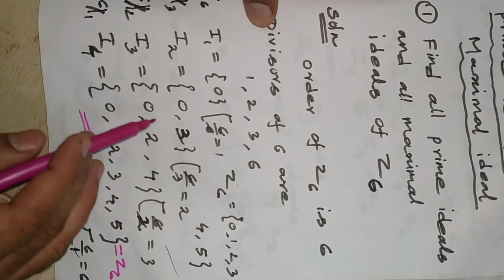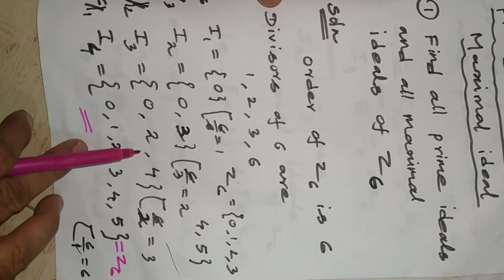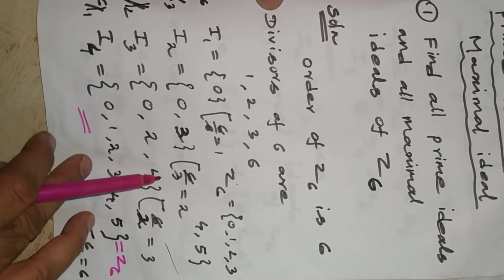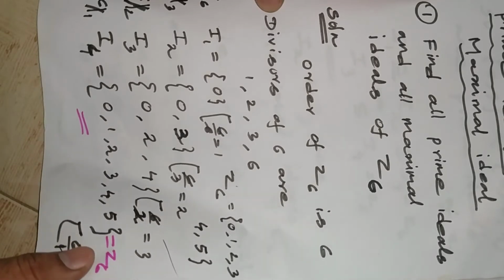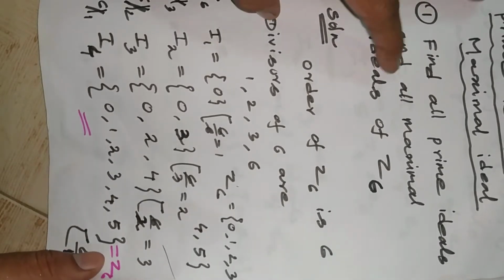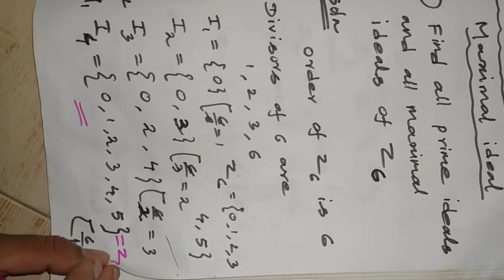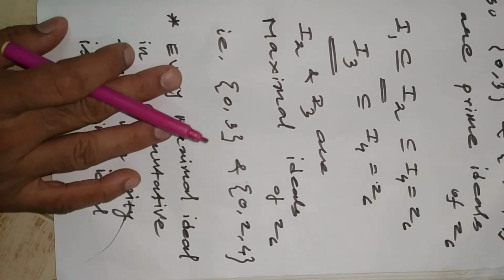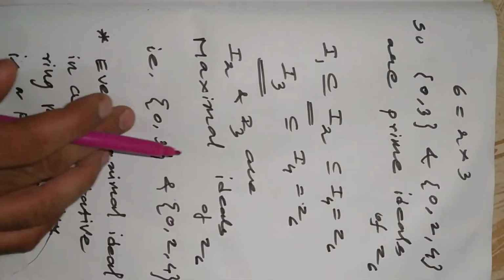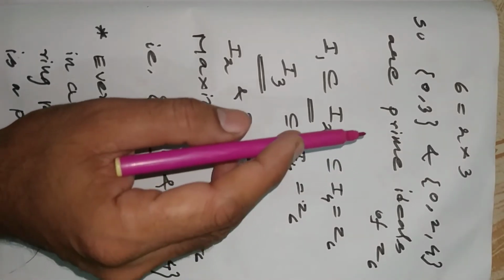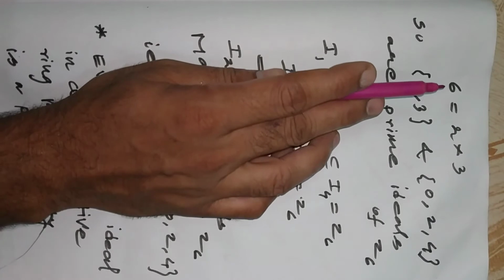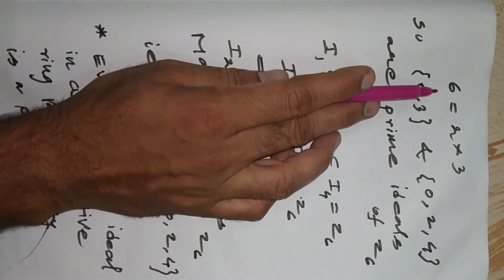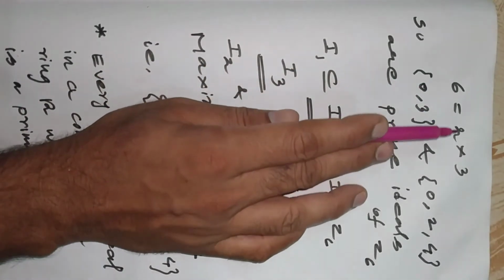So among these 4 ideals, which ones are the prime ideals and maximal ideals? Am I right? The easy tricky method: 6 we can factor into the prime factors 2 into 3.